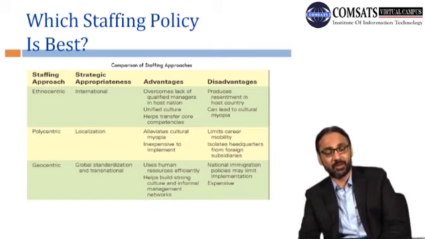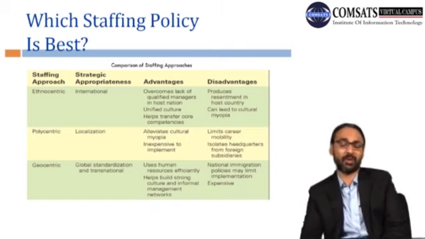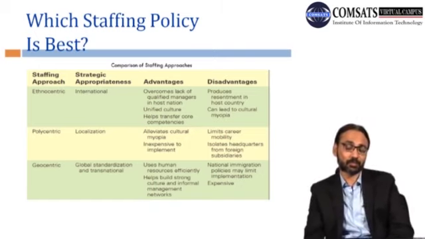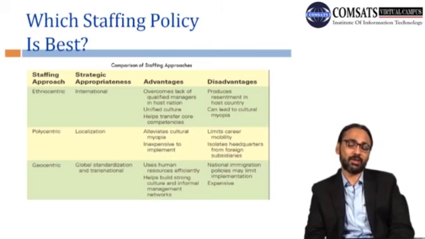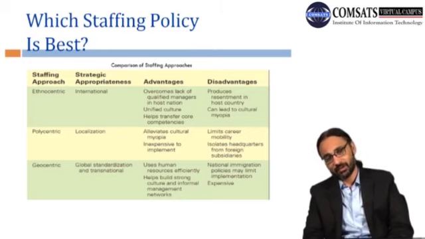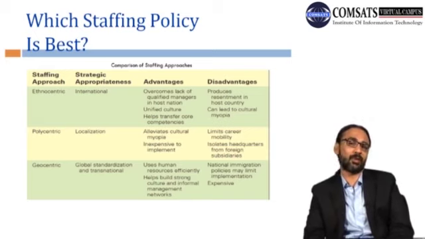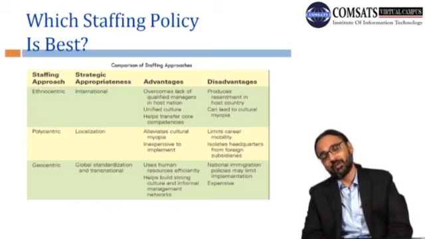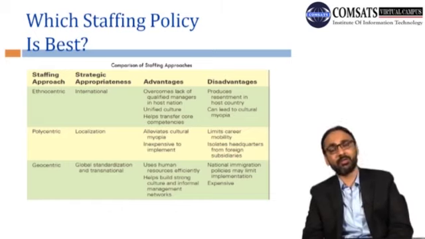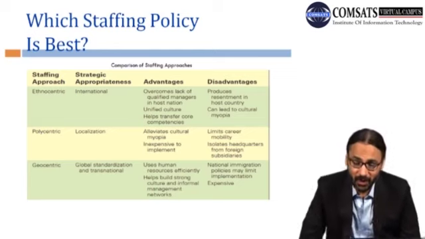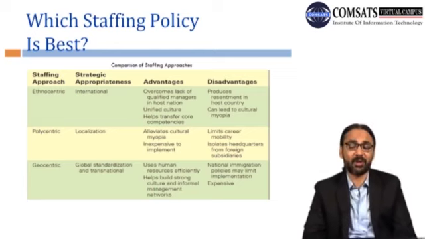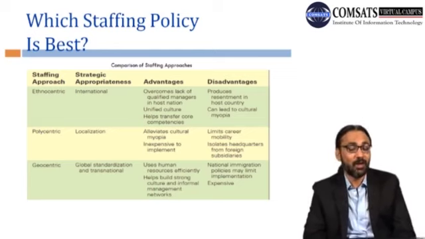These are the advantages associated with the ethnocentric approach when we are bringing all the people from the USA. And the disadvantage is that it produces resentment in the host country, a sort of negative feeling toward the company, that they are not hiring from us, they are bringing people from their home country. This sort of negative feeling can be created because of the ethnocentric strategy. The second disadvantage is that it can lead to cultural myopia.